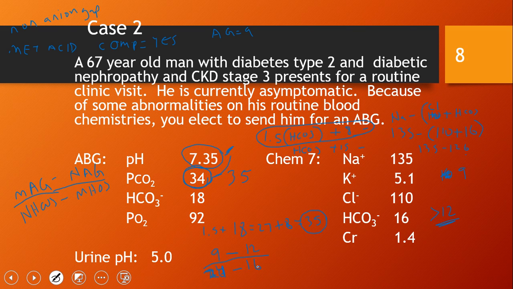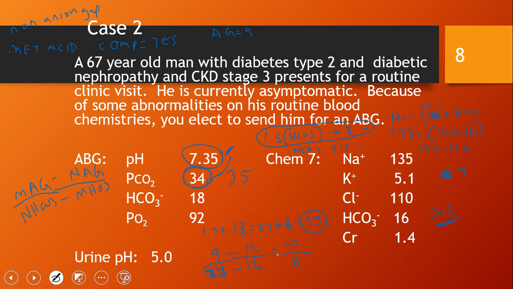Let's find out what that ratio is. 9 minus 12 is -3. 24 minus 16: if this was 26 minus 16, it would be 10, but it's 2 less than that, so it's 8. So it's -3 over 8. I guess that's my delta-delta. I don't even really know what that means at this point. Whatever.